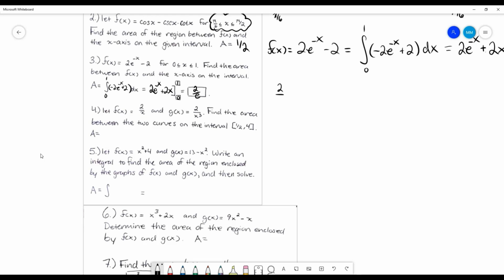So I'm going to set 2 over x equal to 2 over x cubed, and now we just solve for any intersection points. Probably the easiest thing to do here is just multiply both sides by each denominator. So I'm going to multiply that by x cubed, which cancels that out. And I'm just going to do that.